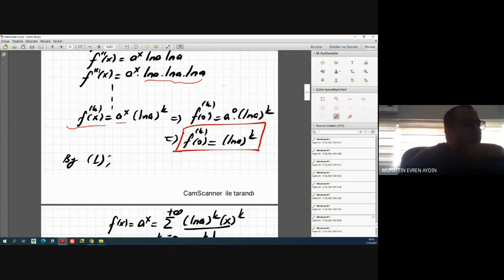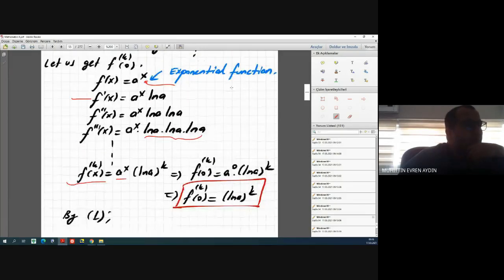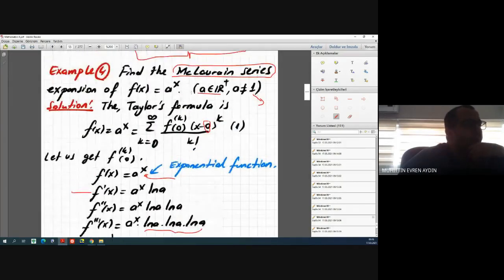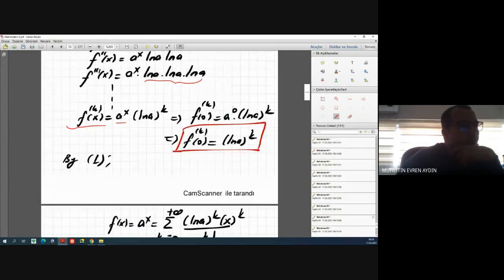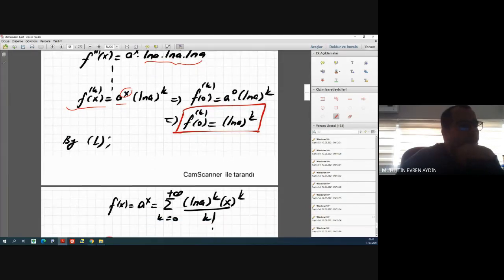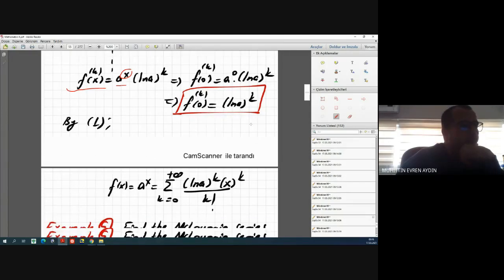So this is what the problem requests from us, to find the Maclaurin series expansion. So we have to put 0 here, then we find logarithm a power k.